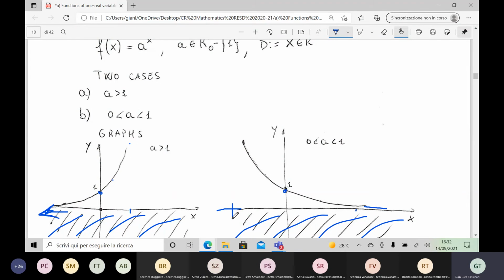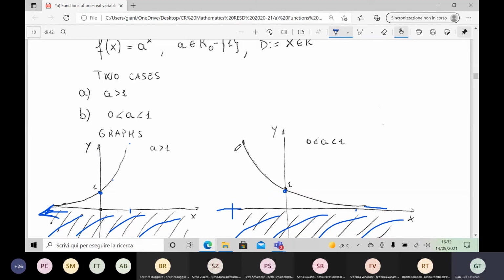So 1 over 2 to the minus 100, we did the property until now, can be obtained easily by changing the sign of the exponent and taking the reciprocal of 2. So I repeat, 1 over 2 to the minus 100 is 2 to the power 100, which is a very huge number. You have to go above.